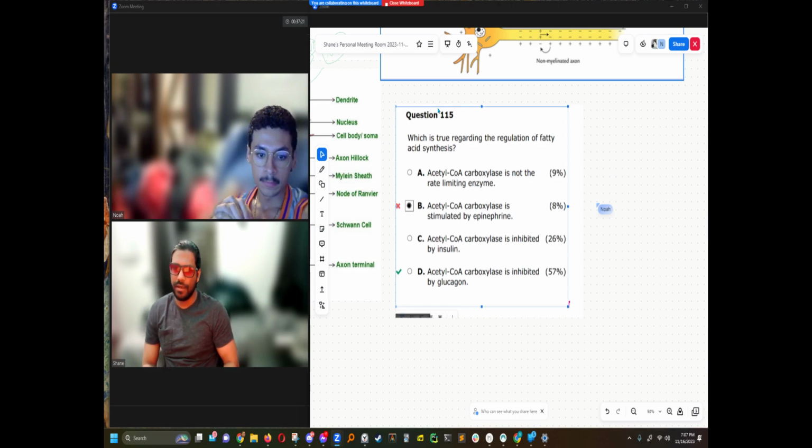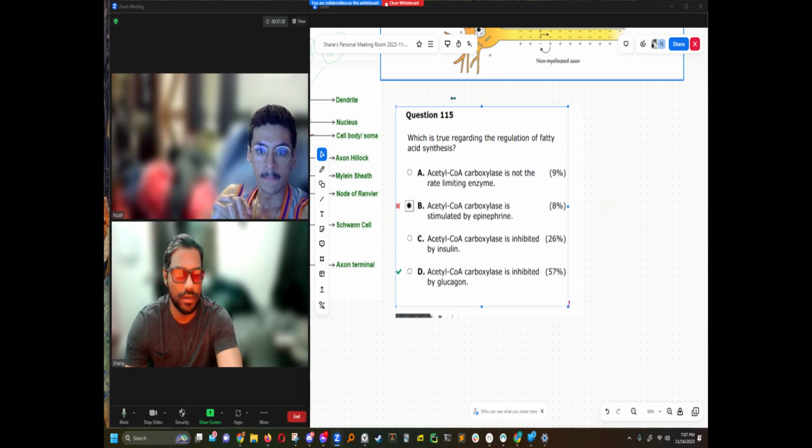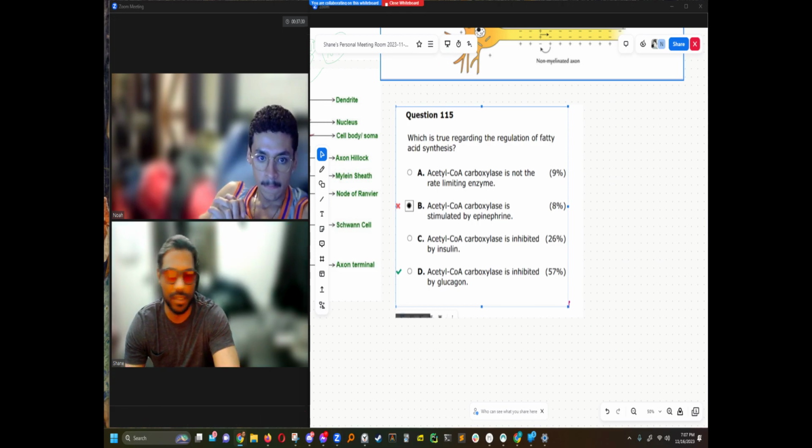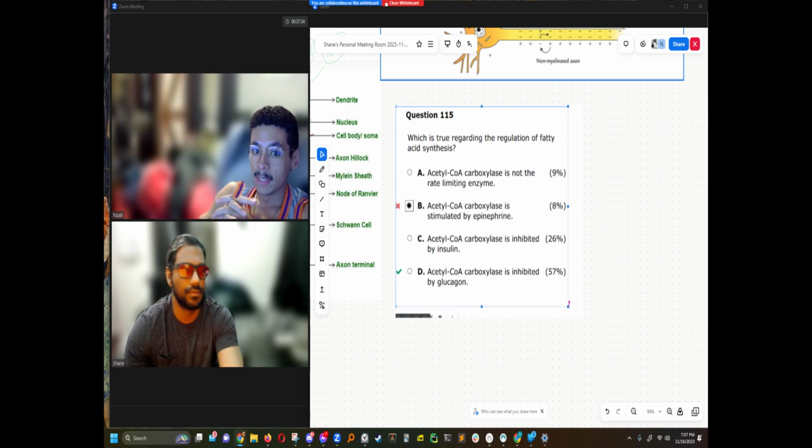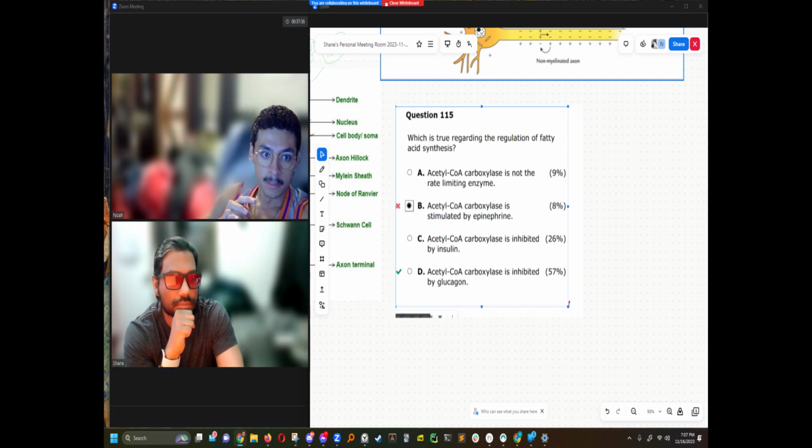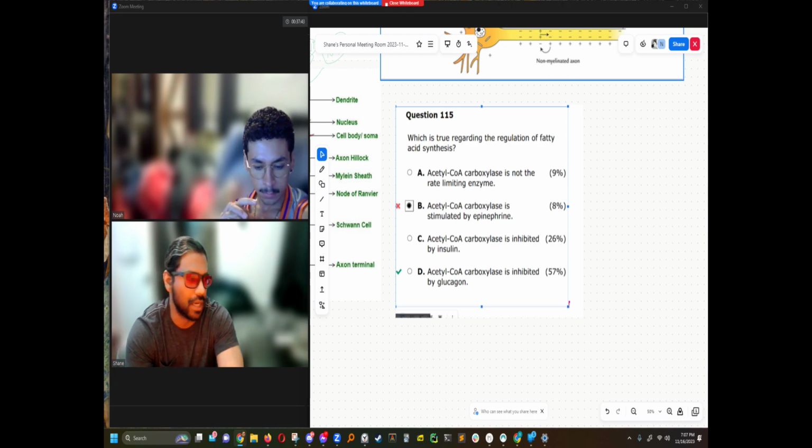Okay. So all of it seems to be about the enzyme acetyl-CoA carboxylase. Now, what is a carboxylase? Would that be an enzyme that synthesizes carboxylic acids? Well, let's think about just the carboxylase.